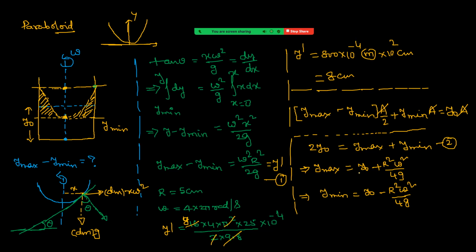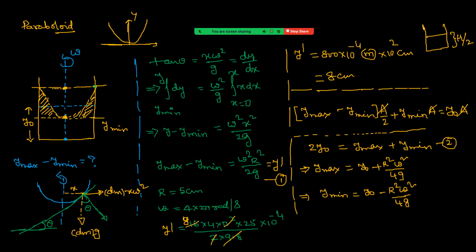Suppose the question is like y naught is h by 2. Okay. Let me draw here. Suppose initially filled up to h by 2. That means y naught value is h by 2. Now for which value of omega does the liquid spill outside?